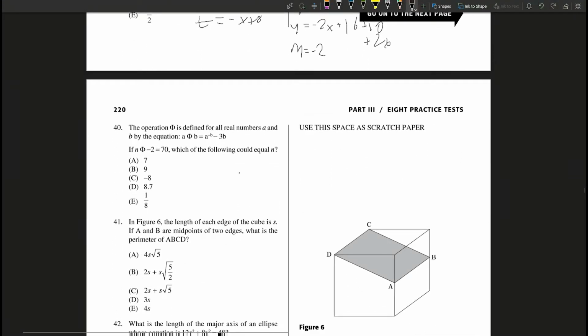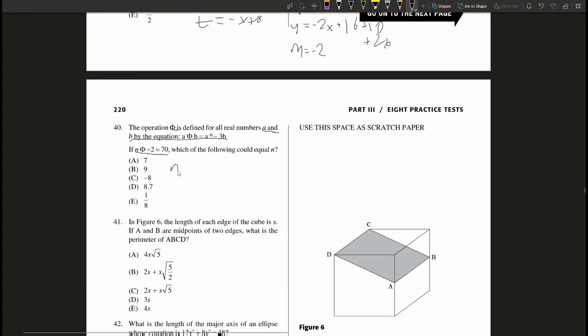Okay, so this question asks, the operation, this symbol, is defined for all real numbers a and b by the equation that's stated right here. If this is 70, what could equal n? So in this case, a would be n and b would be negative 2.